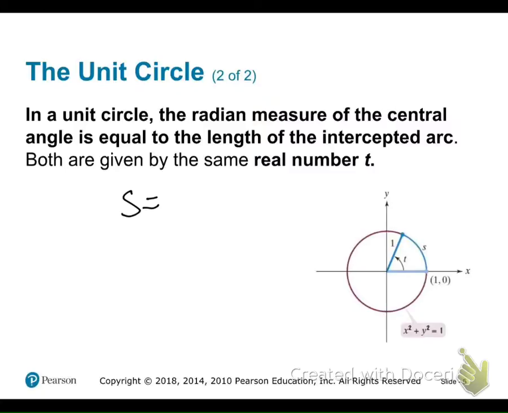S equals R times theta. And here in this picture, our angle is represented by t. We have a radius of 1, so S equals t, because the radius is 1 based on the fact that it is the unit circle. That's all I wrote down on mine.